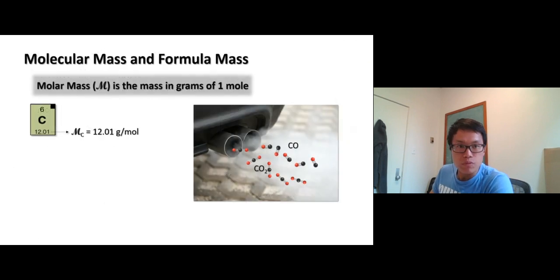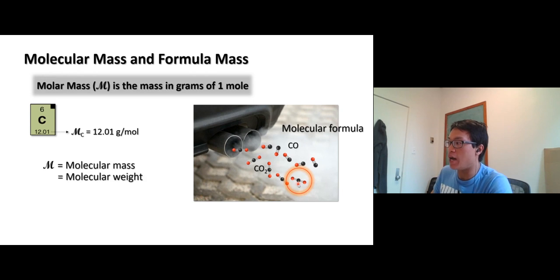Now a little bit about the differences between molar mass and formula mass. I think you still remember the difference between covalent compounds and ionic compounds. For a covalent compound, we use the molecular formula, which gives the exact number of atoms.